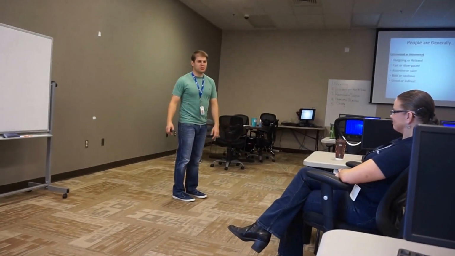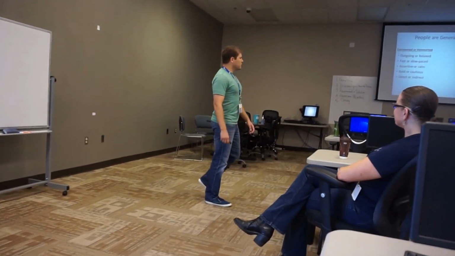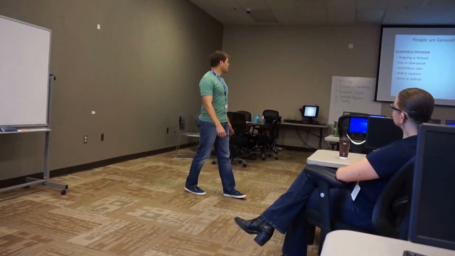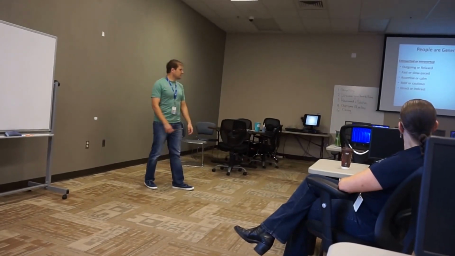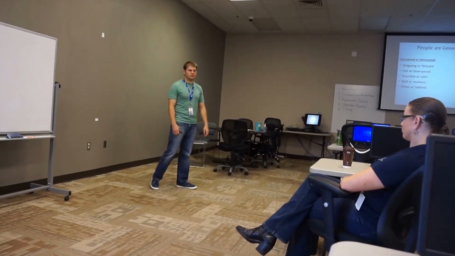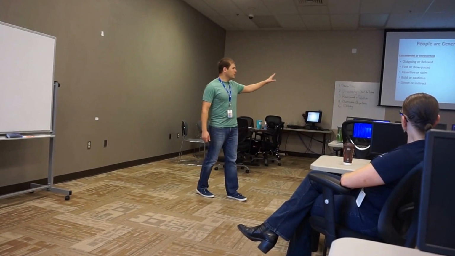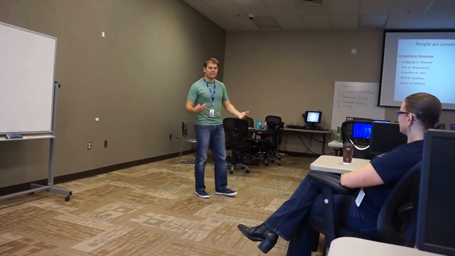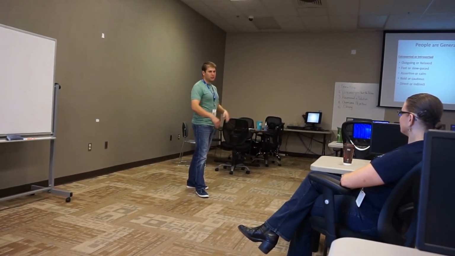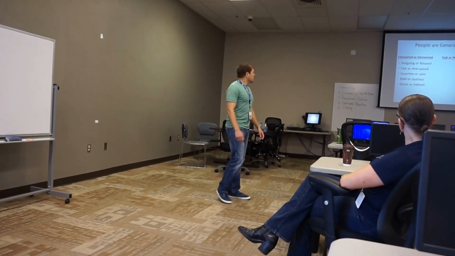You've got the tortoise and the hare type situation. Assertive or calm, bold or cautious, direct or indirect. We'll come back and talk about these more in a second, but just get an idea of what exactly extroverted compared to introverted is.